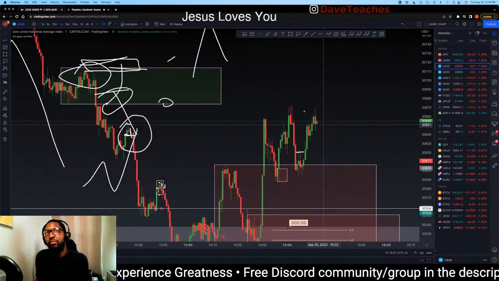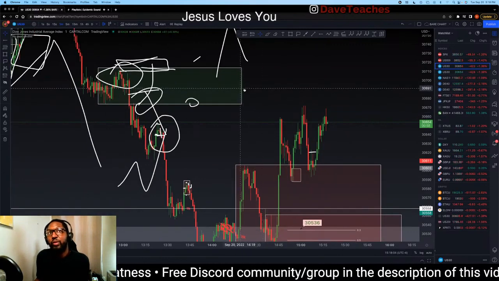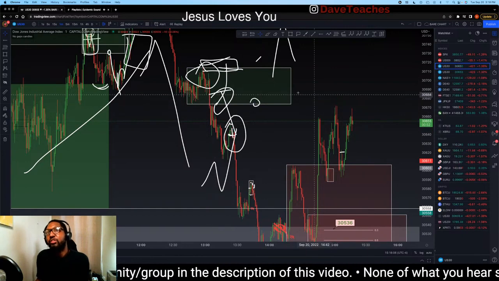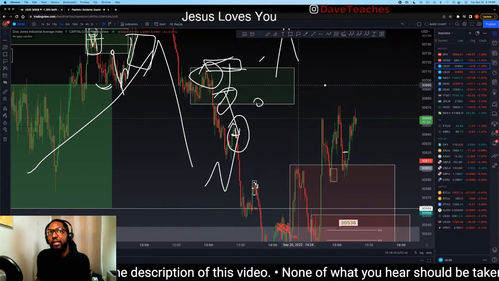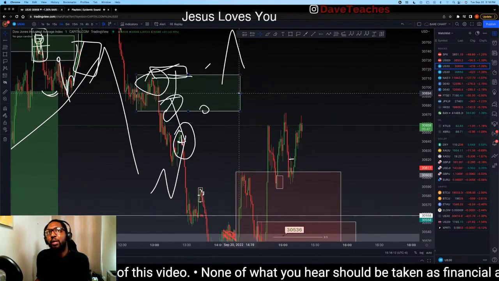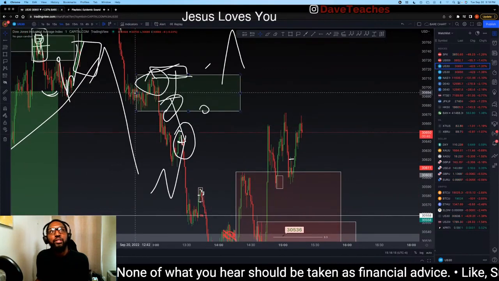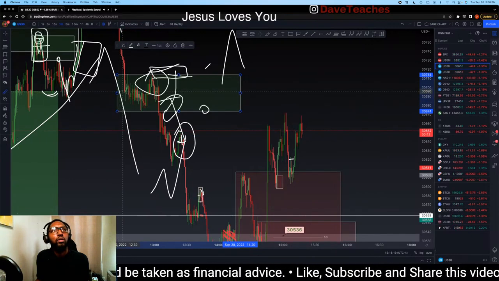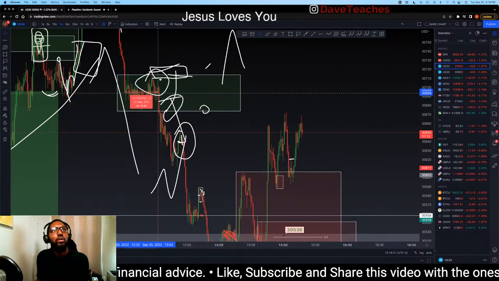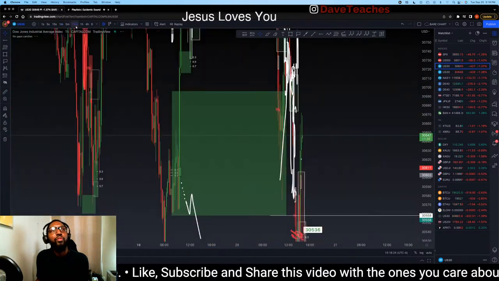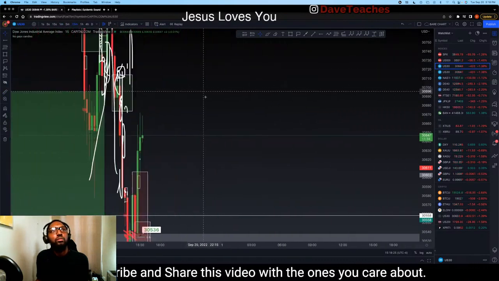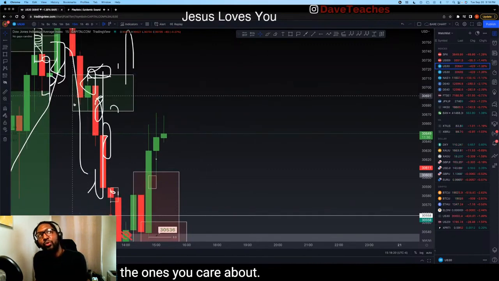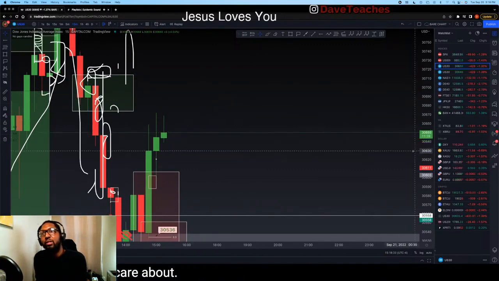Again, like I said, there is very well a possibility that we come up to this area above here. But what you do want to pay attention to is the fact that we have a whole unmitigated area up above here. And this zone is probably the 15-minute, let me see, how many candles in here? Yes, 15-minute.